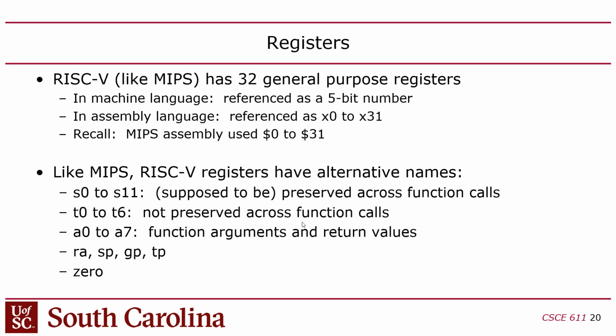We use Mars. I like Mars because it's a really nice Java app and it's platform independent, works on any machine, just run it. And it has an editor and a simulator integrated together. So SPIM doesn't have that. SPIM is just a simulator. You write your code in a separate text file and then you run it through SPIM. Whereas Mars has two sides of the same window, a text editor and the simulator, which is kind of cool. We use one in this class called RARS.